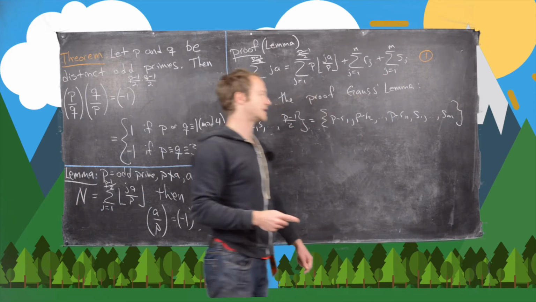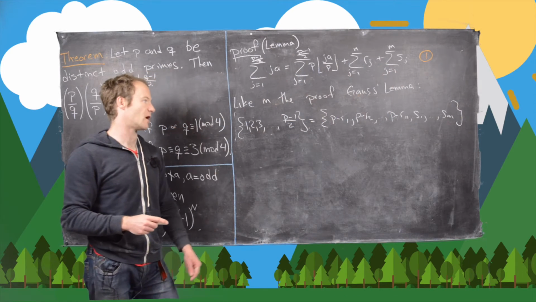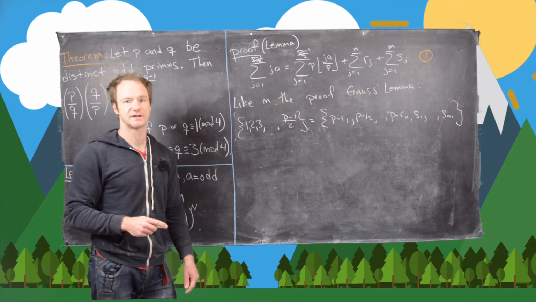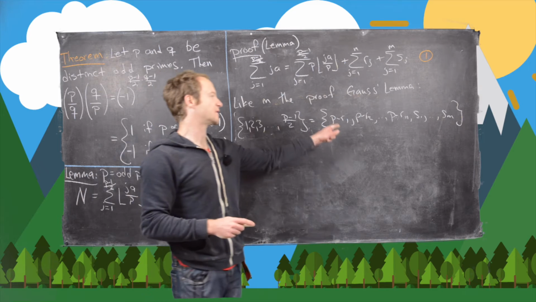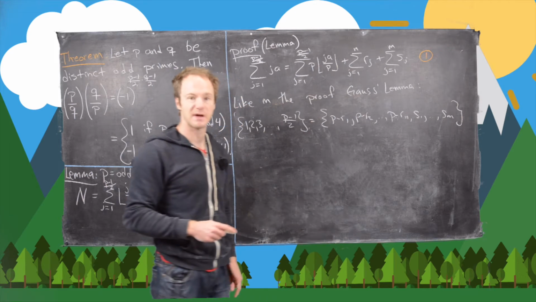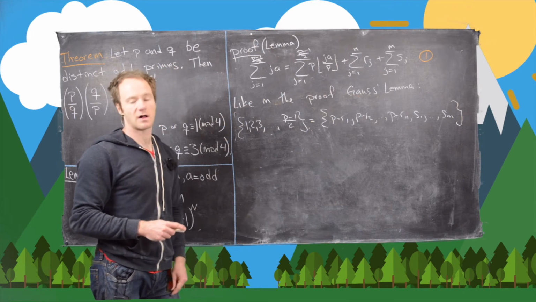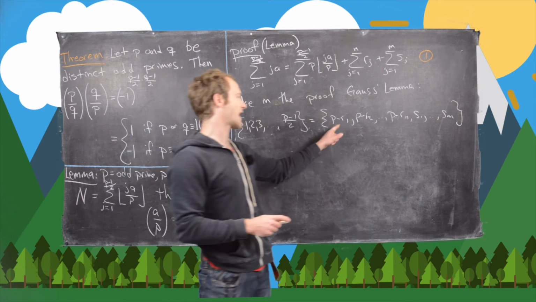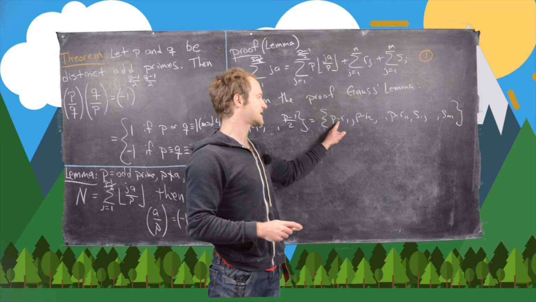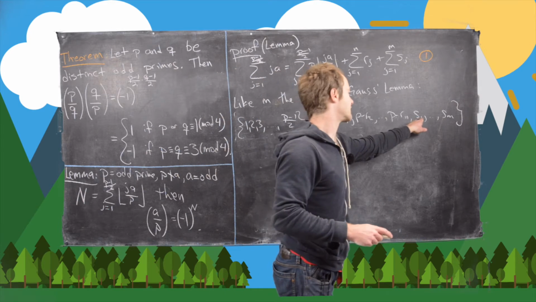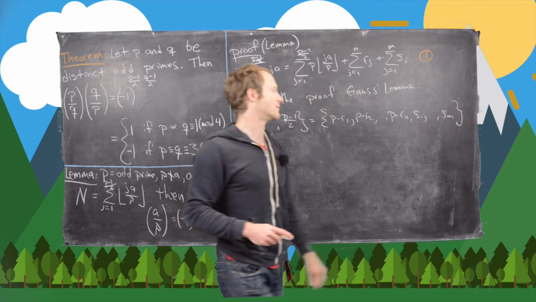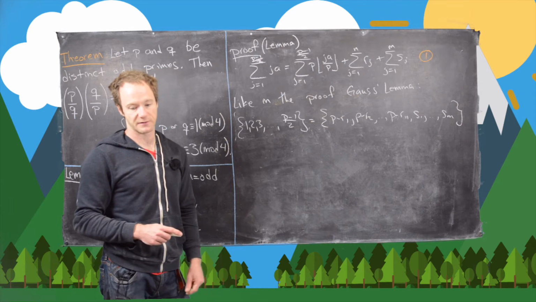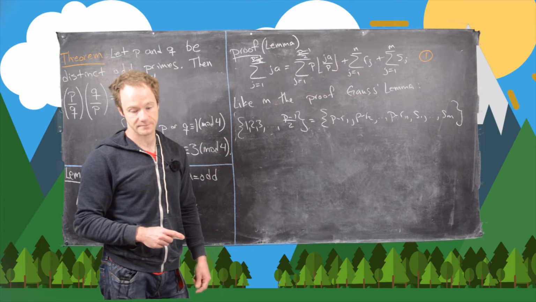So remember that s1 to sm are already smaller than p over 2, so they're smaller than or equal to p minus 1 over 2. And then if we subtract these rj's from p, they're also going to be smaller than or equal to p minus 1 over 2. And then it's kind of easy to check that none of the numbers of this type are equal, none of the numbers of this type are equal, and then none of the numbers of the opposite type are equal. Again, I'll let you look at the proof of Gauss's lemma in order to check that.